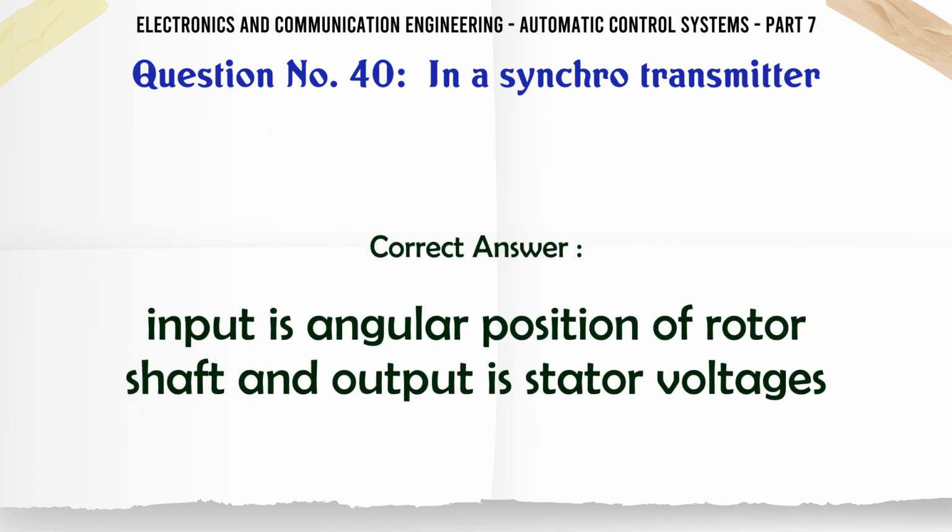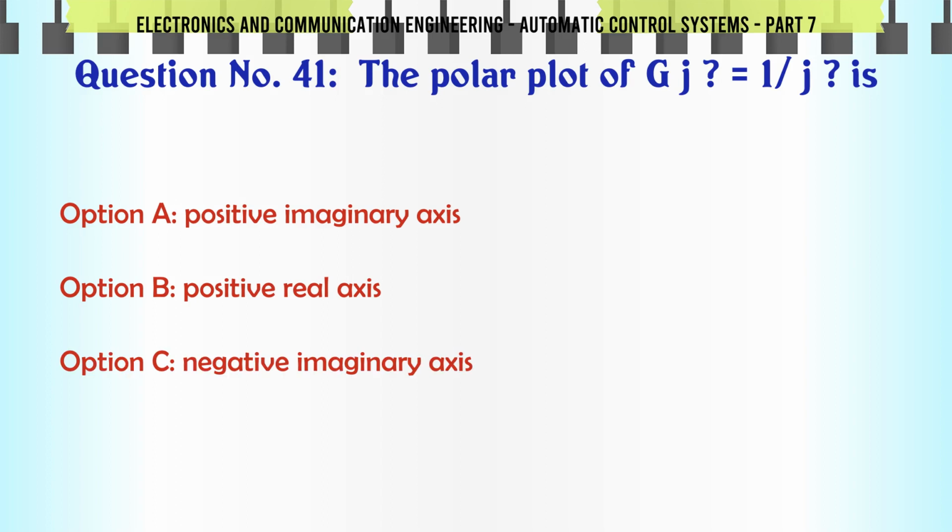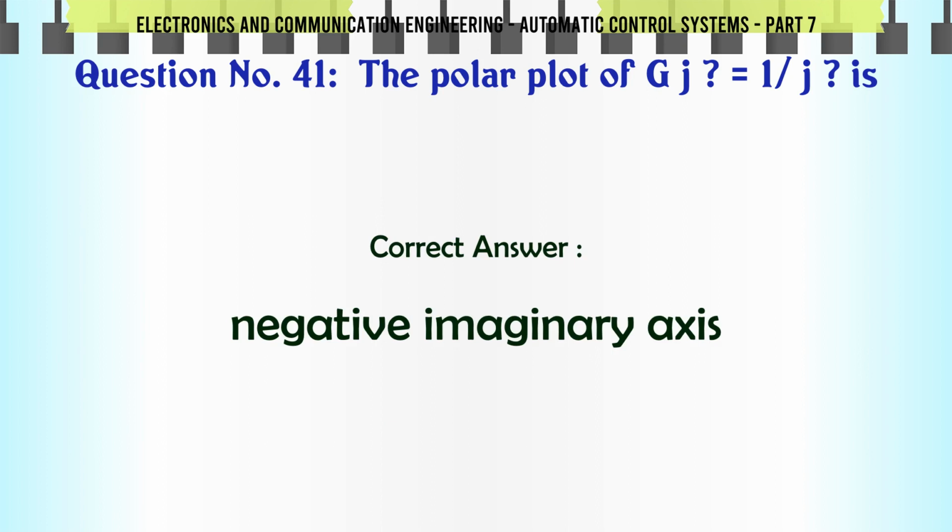The correct answer is input is angular position of rotor shaft and output is stator voltages. The polar plot of G(jω) = 1/(jω) is A. positive imaginary axis, B. positive real axis, C. negative imaginary axis, D. negative real axis. The correct answer is negative imaginary axis.